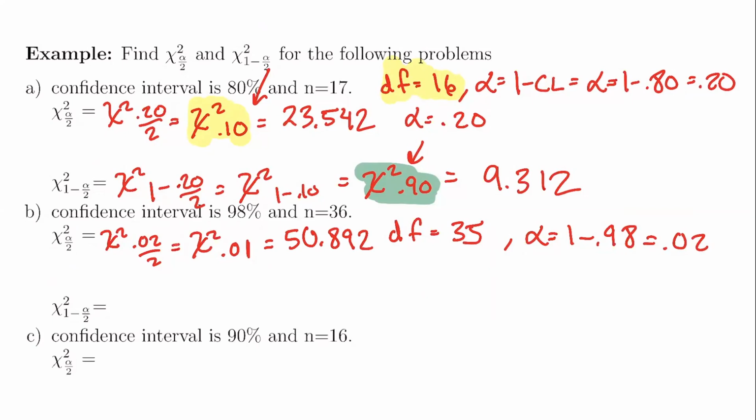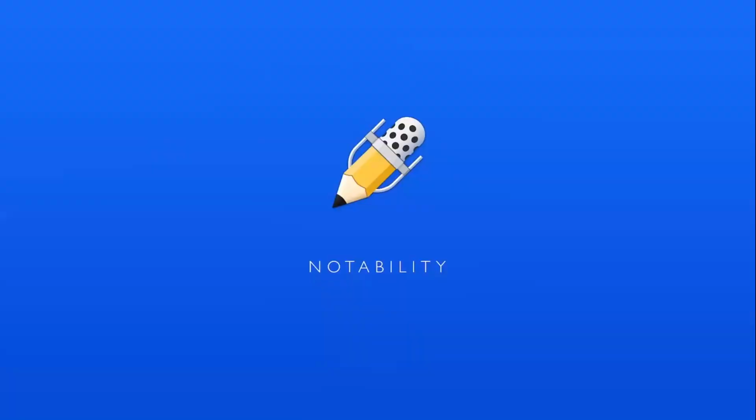Now if I want to find chi-square of 1 minus alpha divided by 2, I'm going to use a shortcut. I say this is chi-square of 0.99. Because if I know the first one was chi-square of 0.01, the next one has to be chi-square of 0.99, because 0.99 plus 0.01 adds up to 1. So we're going to look for the column that has chi-square of 0.99, and then we're going to select those.